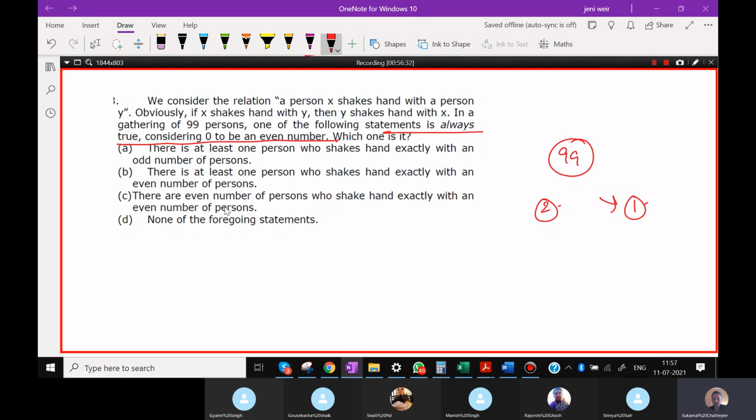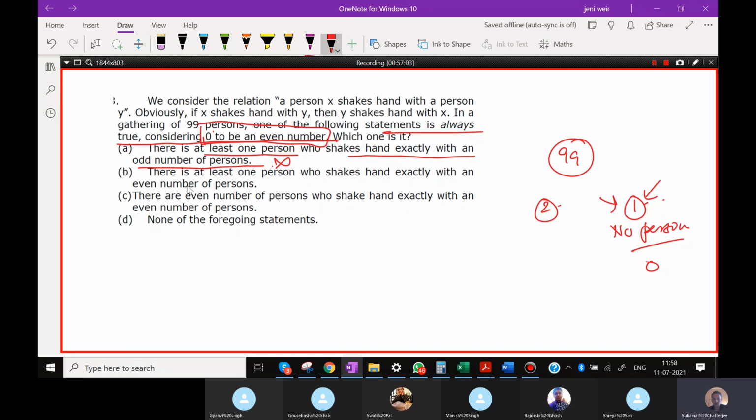So the first statement says that there is at least one person who shakes hands with exactly an odd number of persons. So there is one person who will be shaking hands with no person. That means zero, and zero is considered an even number. So the first one is not correct.